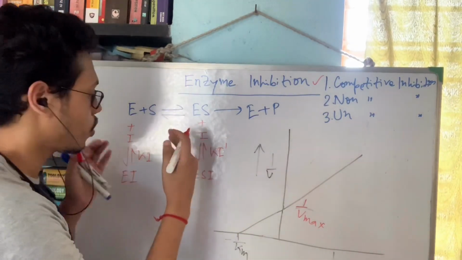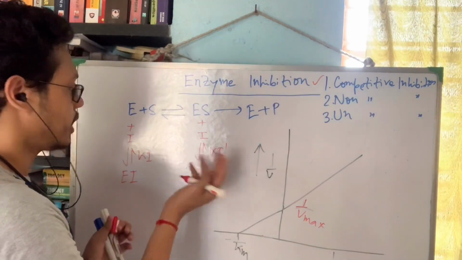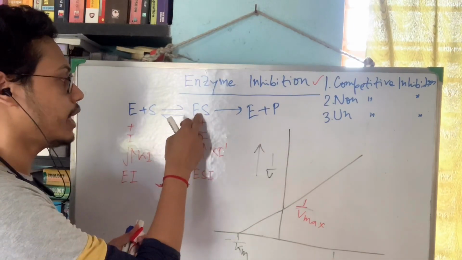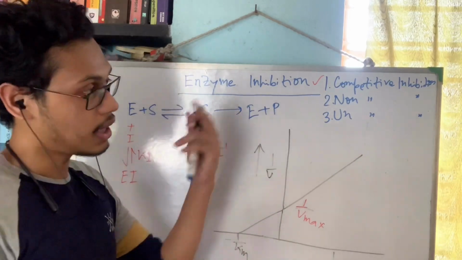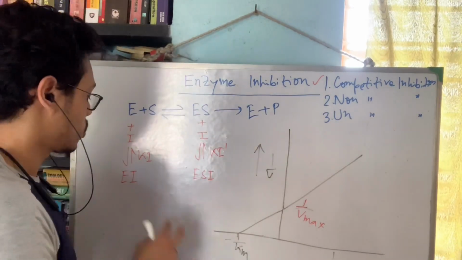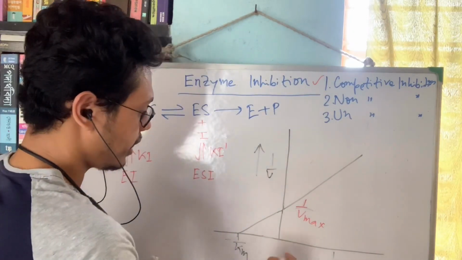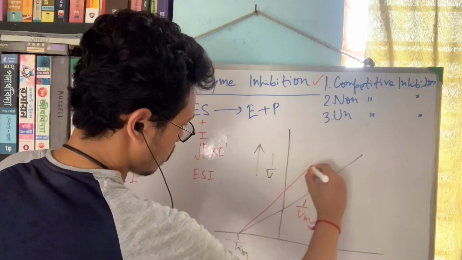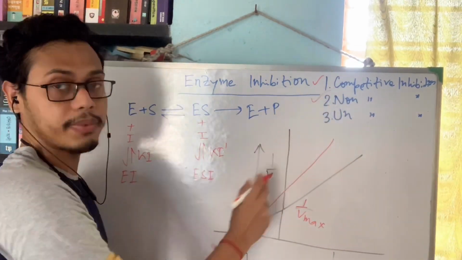The inhibitor never tries to compete with the substrate. So this can form, and the graph will be like this in case of non-competitive inhibition.